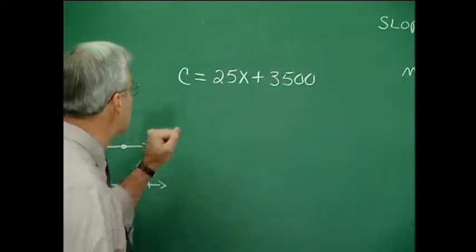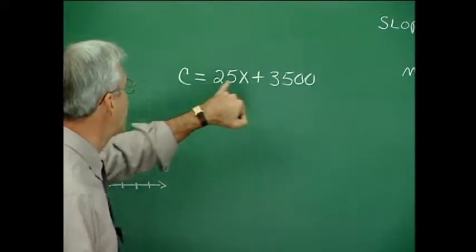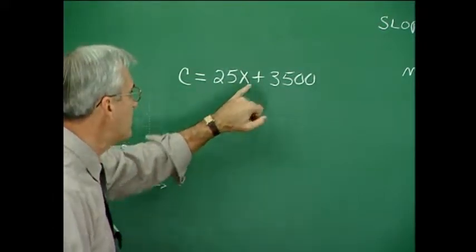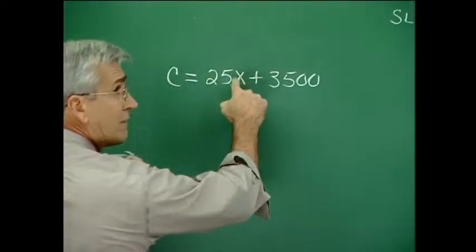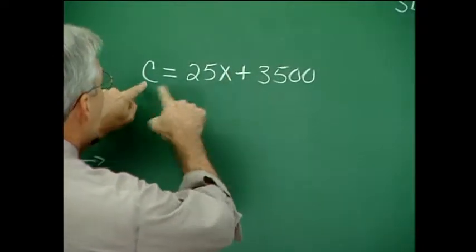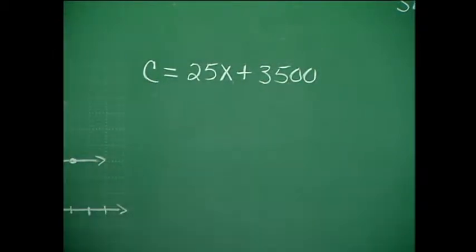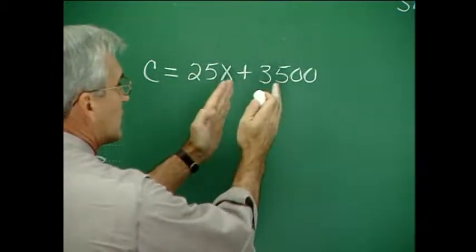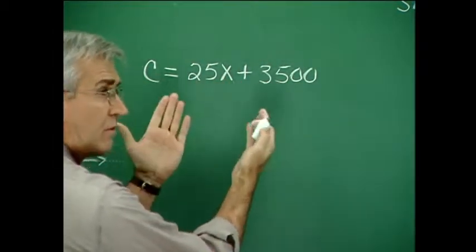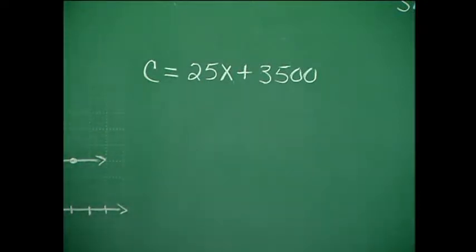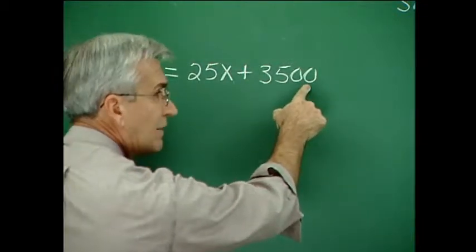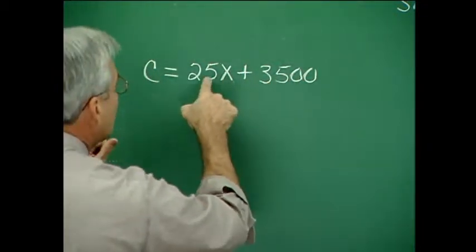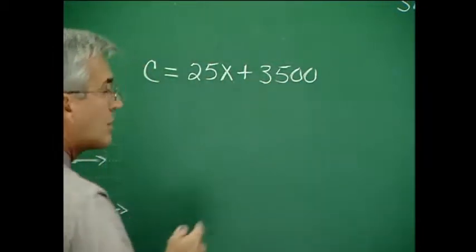This is the cost for x number of items being manufactured. So if no items are being manufactured, if x is replaced with 0, the cost is 3,500. So that's a fixed cost, a setup cost for this particular product. Now, if we make one of these items, then it's 25 times 1 plus 3,500. If we make 2, it's 2 times 25 plus 3,500 and so forth.